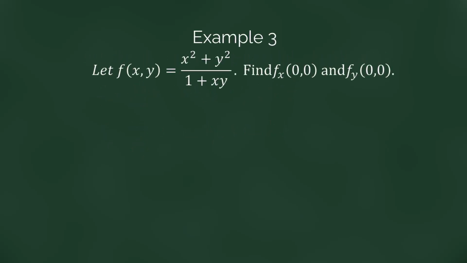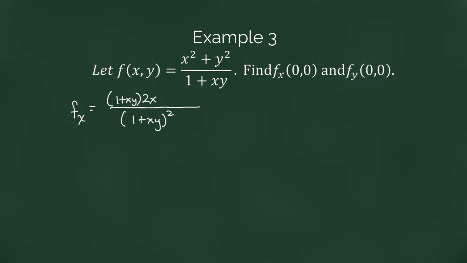Our next examples may be a little bit more complicated, but we still rely on all of the techniques for finding derivatives that we learned in Calculus 1. So this is a quotient rule problem. The partial derivative of f with respect to x, we're going to square the denominator, and then we're going to do the bottom times the derivative with respect to x of the numerator.